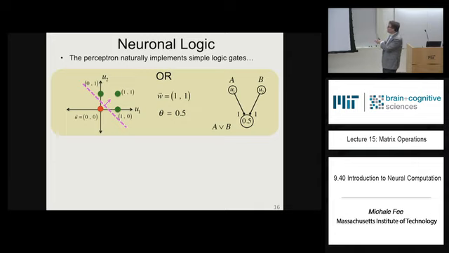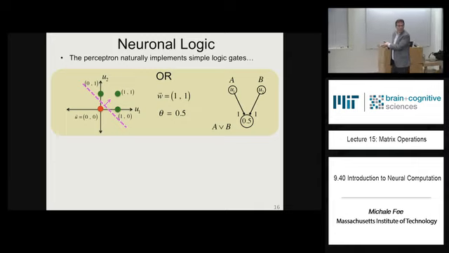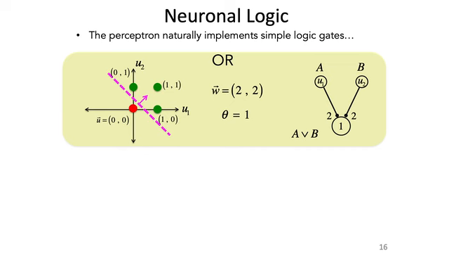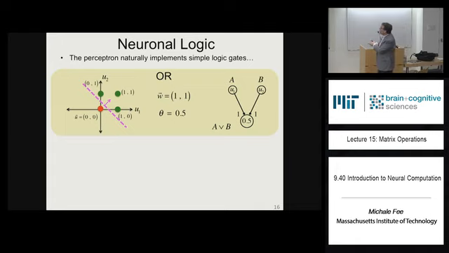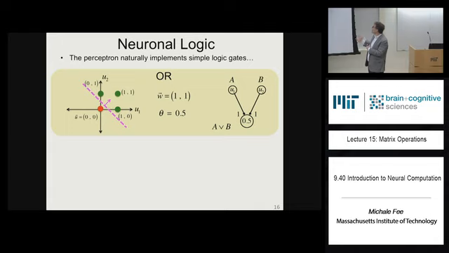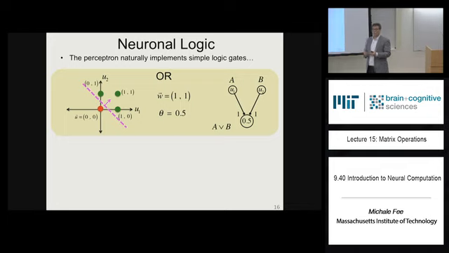And if the input is 1, 1, the output neuron will fire. So basically, any input above some threshold will make the output neuron fire. So this perceptron implements an OR gate. If it's input A or input B, the output neuron spikes, as long as those inputs are above some threshold value. So that's very much like a logical OR gate.